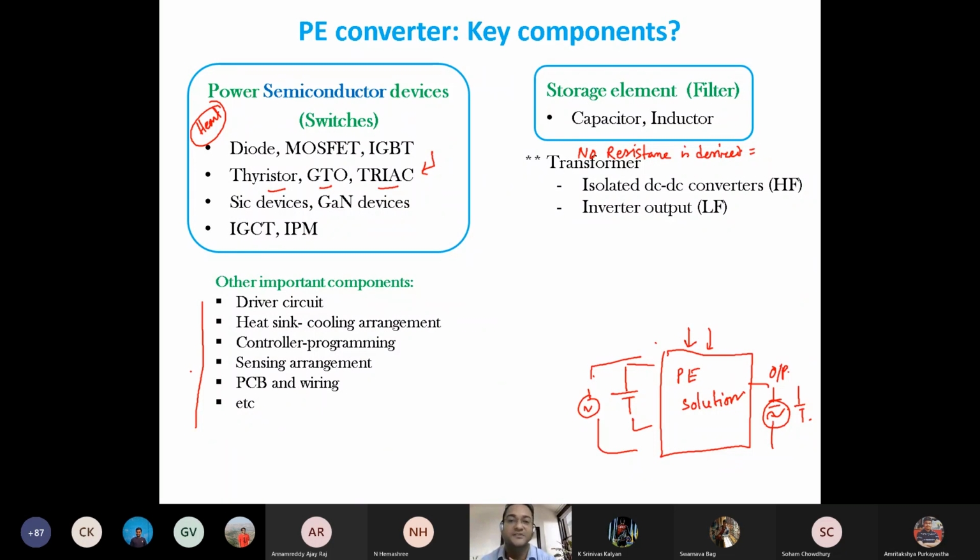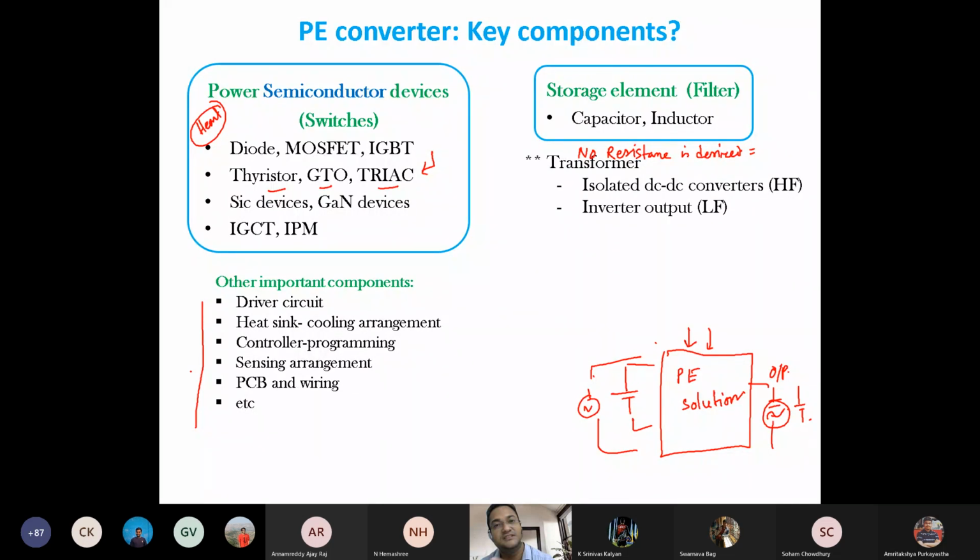All of you understand concepts like Arduino, Raspberry Pi, basic microcontrollers, right? There I can write simple code: if output voltage is less, do this; if output voltage is high, do this.